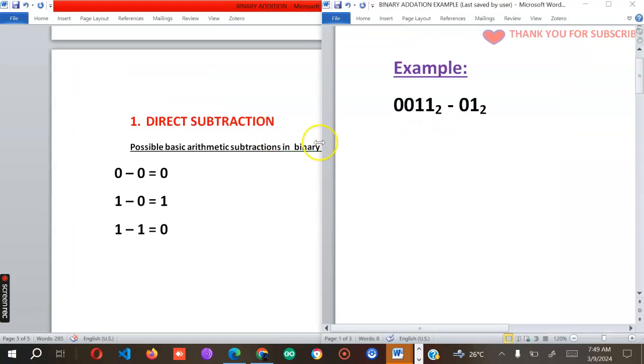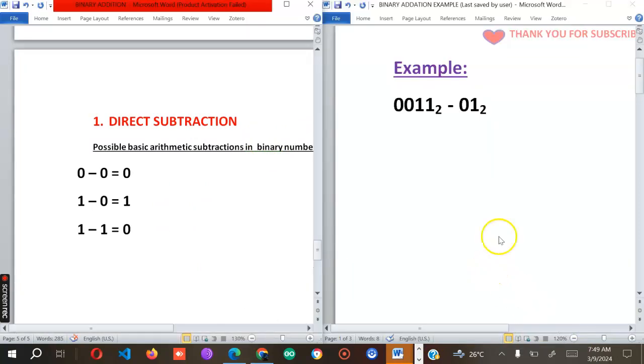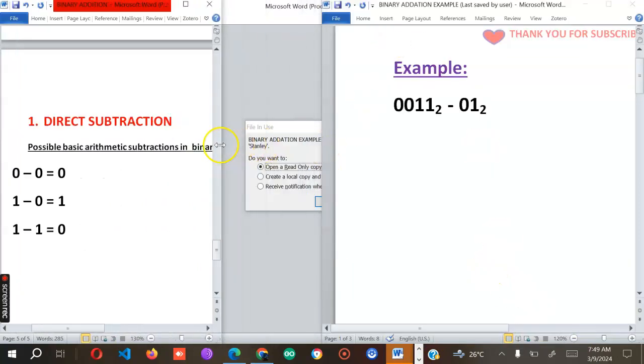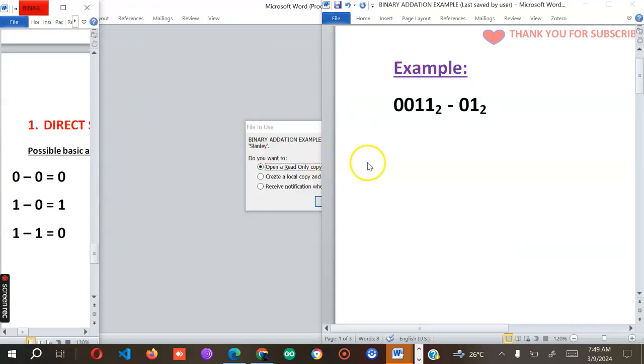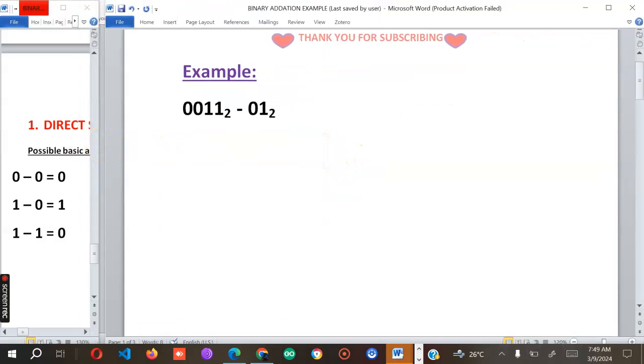Let me create two screens so that we can make our work easy and do this. So we have 0011 and 01 base 2.